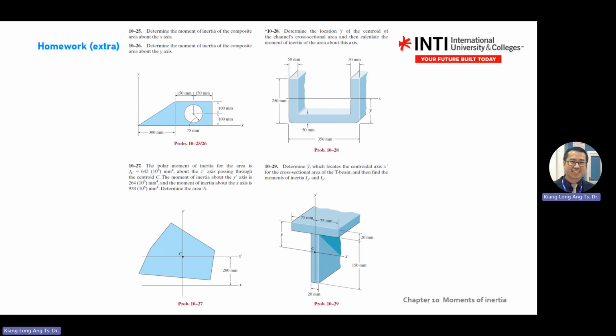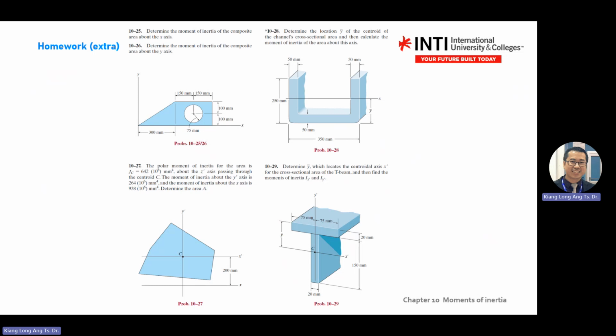Then for the bottom part, this C is the centroid for the overall body, but this one is 150 height. The center of this bottom one is not here. It should be 75 mm here.